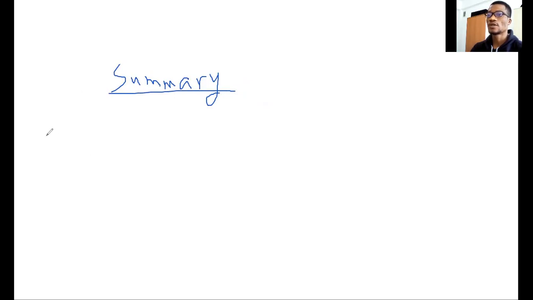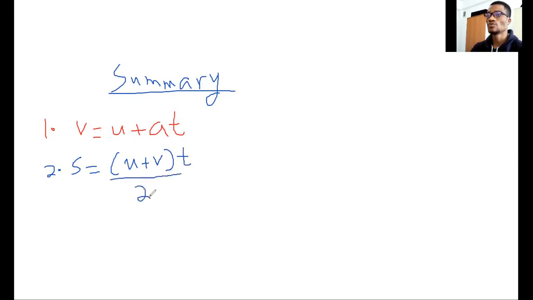The first one, equation 1, is v equal to u plus at. And then equation 2 is given as bracket open u plus v close the bracket multiplied by time divided by 2.